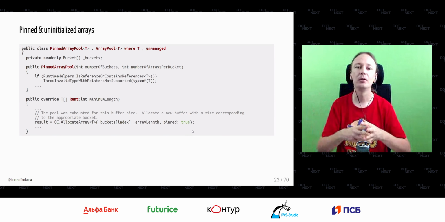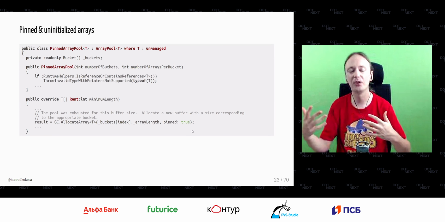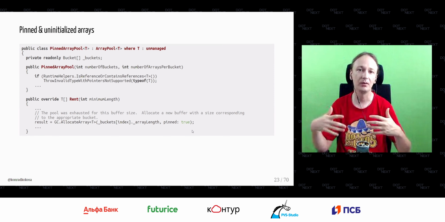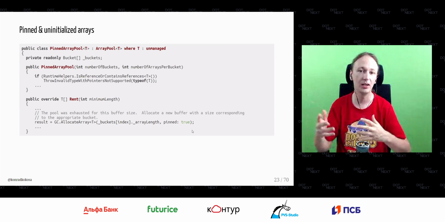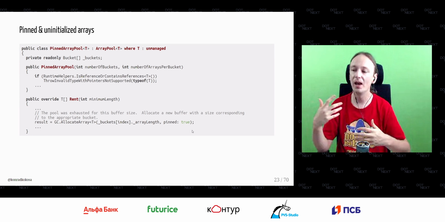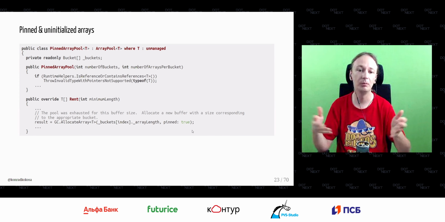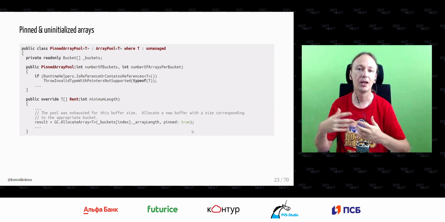And based on that, because the pinned object heap was not designed to contain a lot of objects, since we don't expect many pinned arrays, probably we could make this even better by reusing pinned arrays. So we can think about designing something like that, which is not available yet, but probably will be, but you can write your own pinned array pool, which is an array pool operating on the pinned arrays created in the pinned object heap.